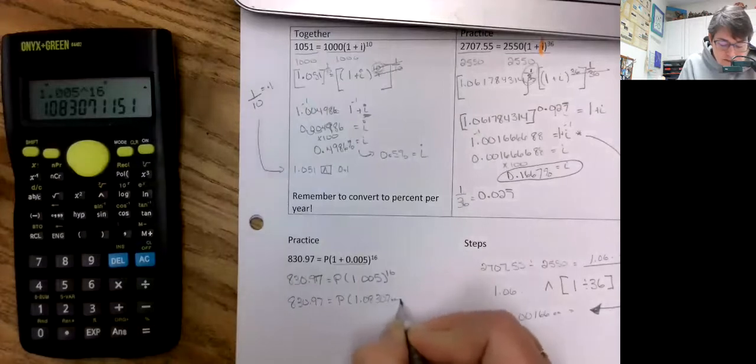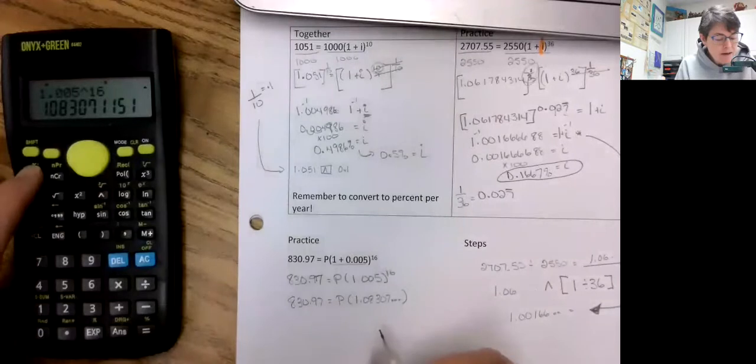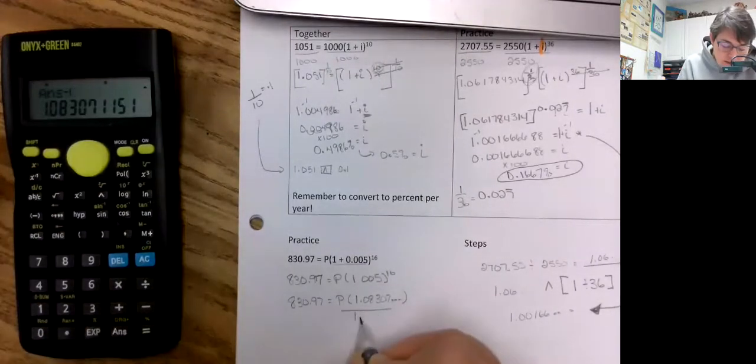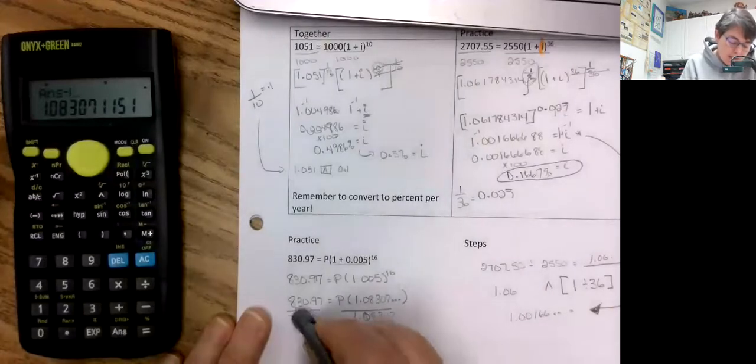1.08307, and then I'm going to use my x to the minus 1 button, which is the same as divide in here. 0. We'll make a mess.